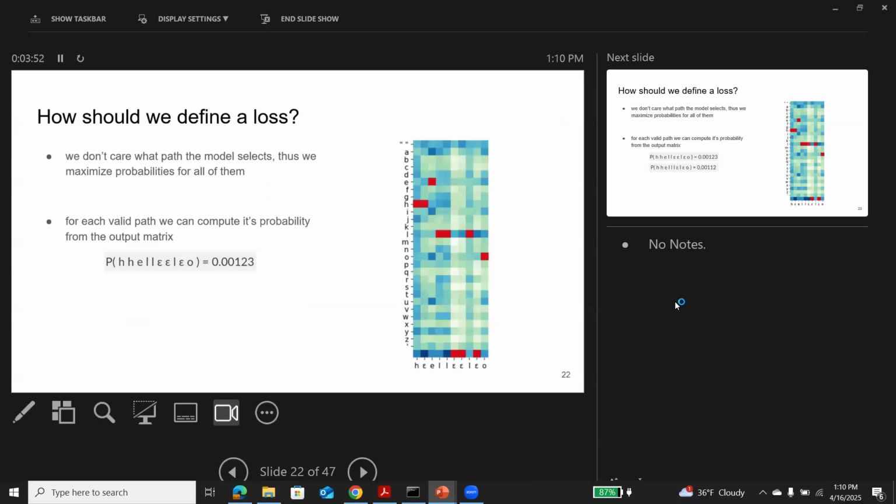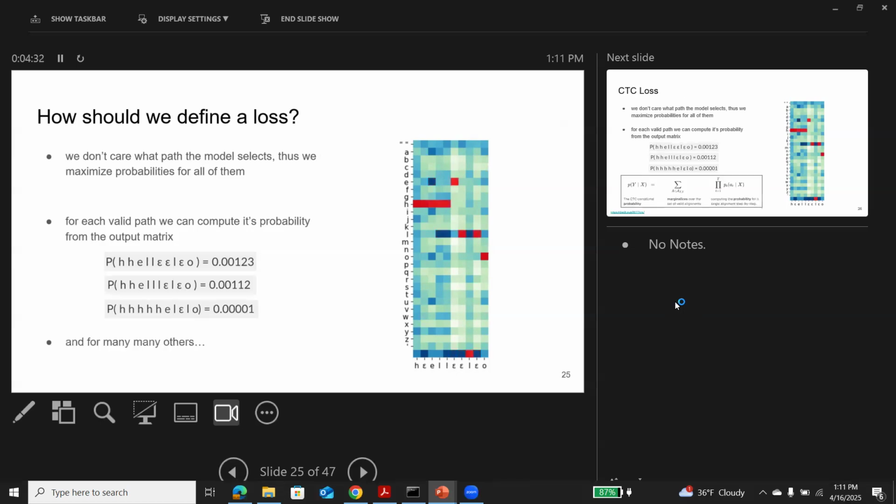Well, here's just an example of how we can compute the probability of the sequence, because we have the probability, the logit, for every frame. So if we choose, for example, argmax, we will choose the character with the highest probability. And then we can calculate the probability of the entire sequence.